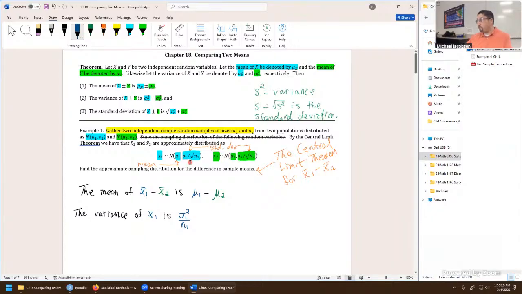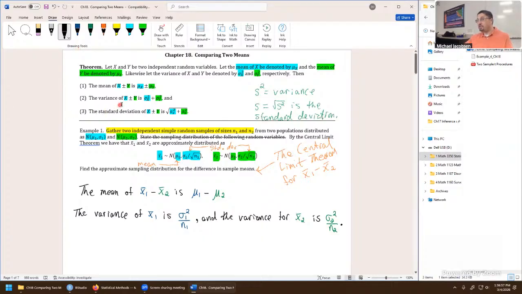Square root falls off, and you have a power 2 on your sigma now. And same process for x bar 2. The variance for x bar 2, the second sample mean, is same thing, just change the subscripts. That's the standard deviation, so squaring it gives the variance. We'll get sigma 2 squared divided by n2, like before, without the square root.